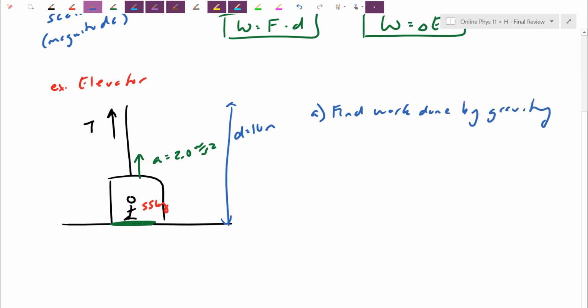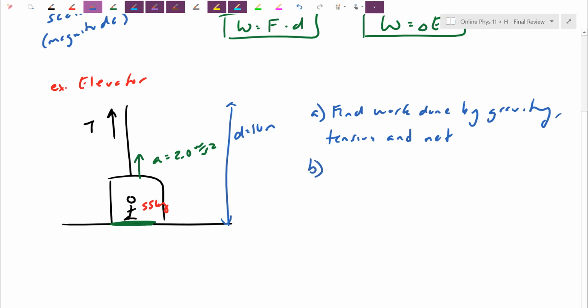Right? Gravity is always a force that's constantly trying to pull you towards the center of the earth. Done by gravity. What's the work done by tension? So the string that's actually pulling this cable that's actually lugging this elevator upwards. And what's the net work? So if those two works compete against each other, overall, how long has your task taken?